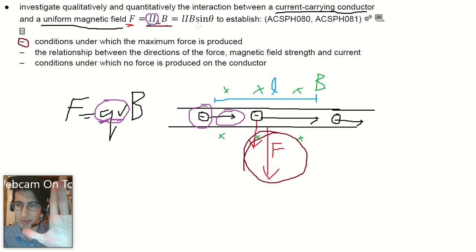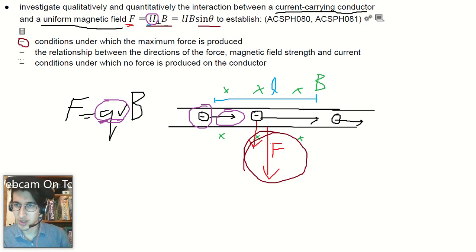I is current, B is magnetic field, and they've got to be perpendicular to each other to achieve the full force. If they're not perpendicular, then you're going to have an angle. Theta is not going to be 90 degrees, and you need sine theta to work out exactly what proportion of the force you get.